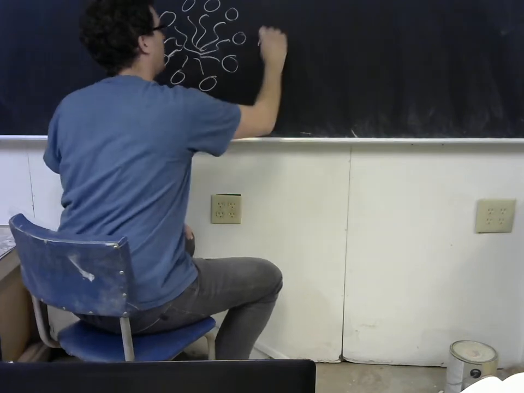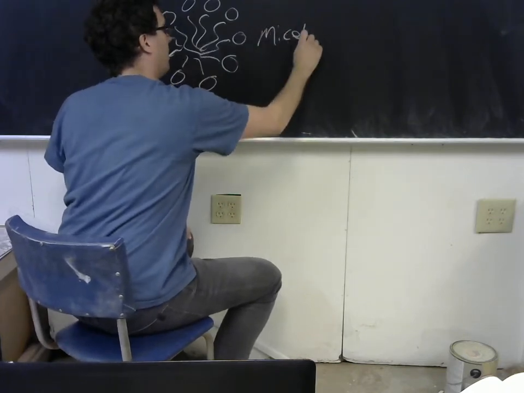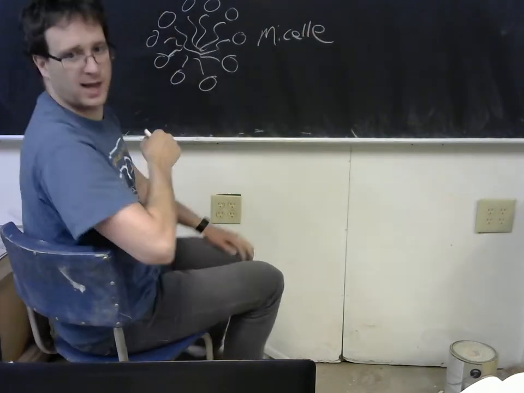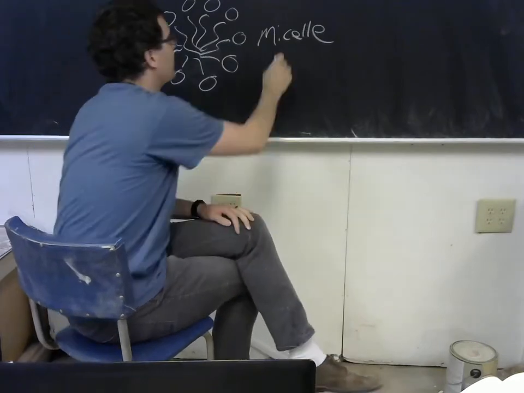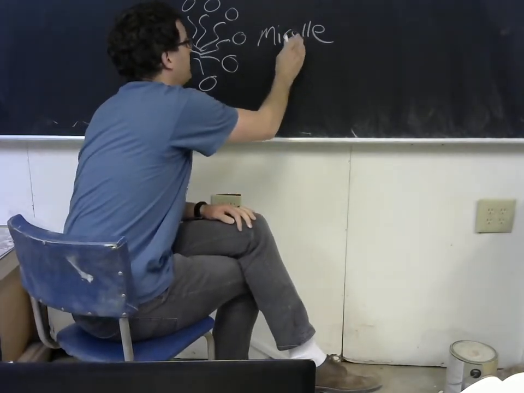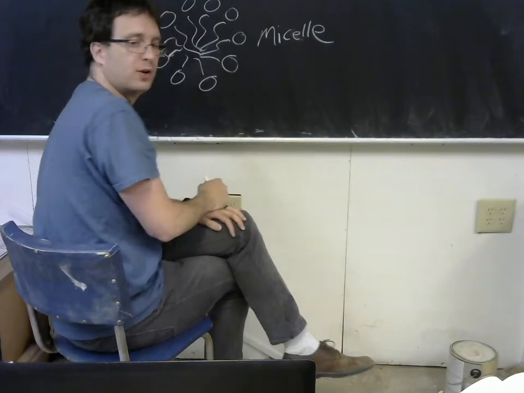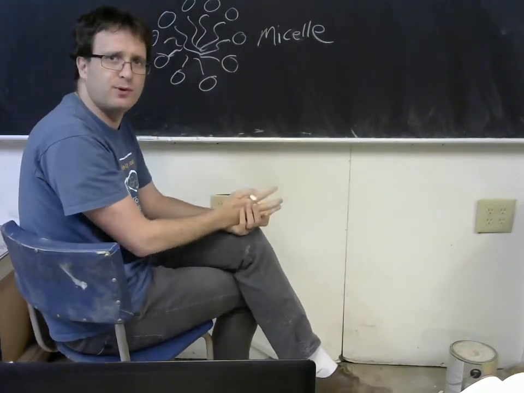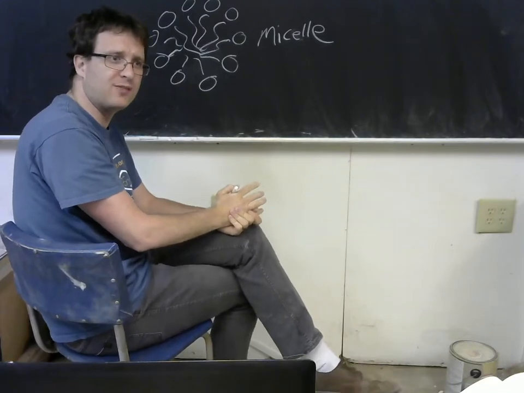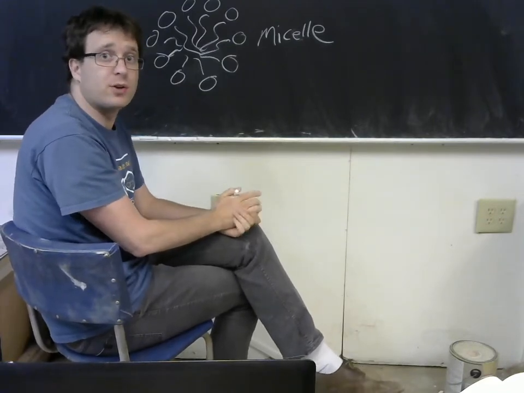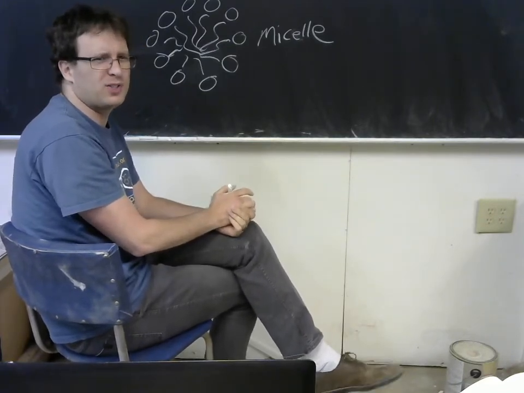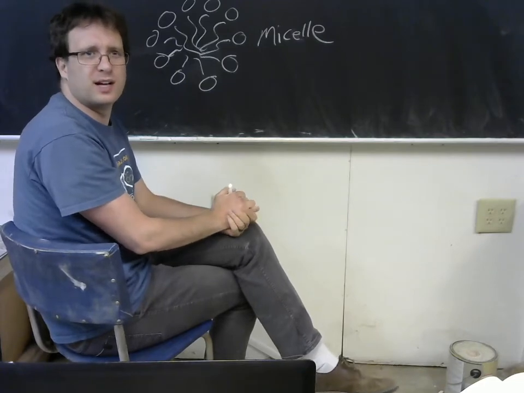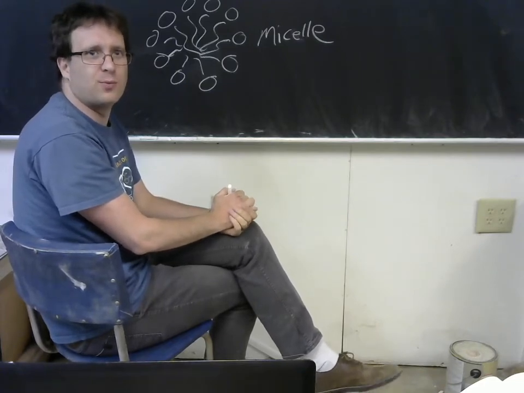This is called a micelle. And the reason why micelles make good detergents is because oftentimes when we're using a detergent, we're trying to get rid of things that aren't water soluble. If you spill salt on your shirt, that's no big deal. You can just wash it away and the water will carry it away.